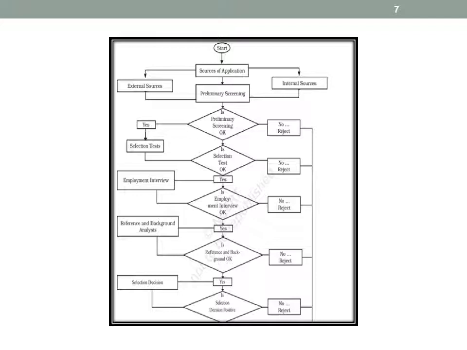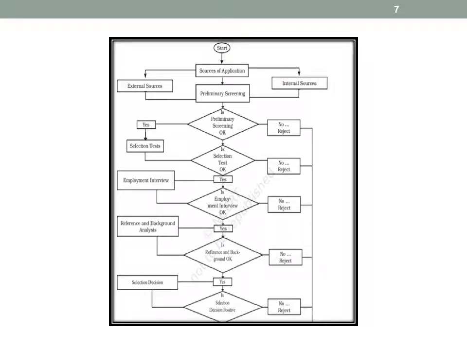I have tried here to show the selection process via a diagram, so that every time you can see that rejections are there: reject, reject, reject. When external sources are applied, first a preliminary screening is done. The person who passes the preliminary screening goes to the different selection tests; otherwise he is rejected.